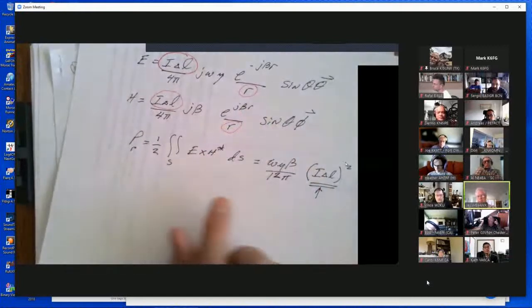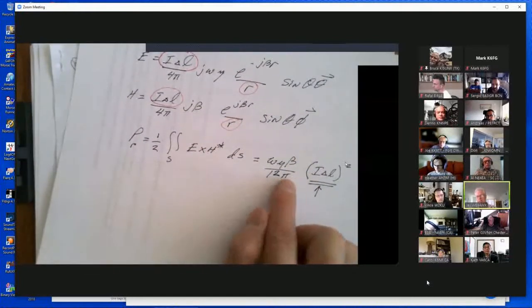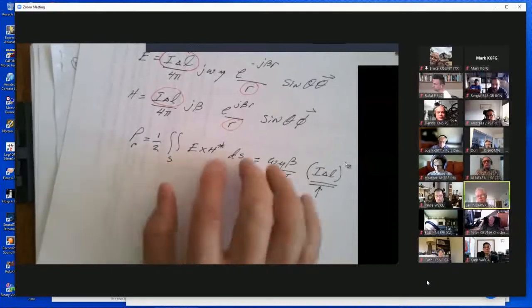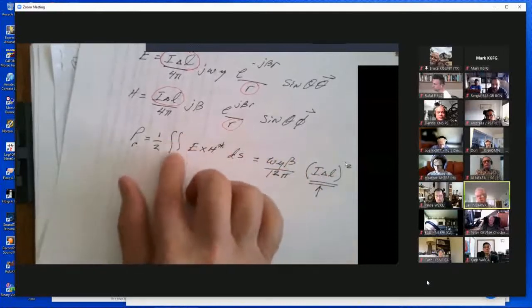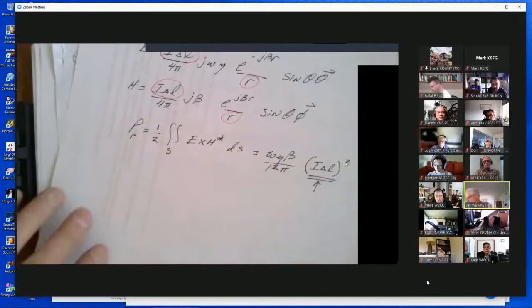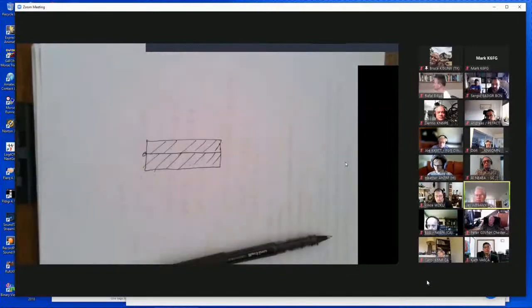The power actually would, if we kept doing this, fall off as the square of that. So your power goes down by the square of your distance. If you're twice as far away, you've got 4 times less power, or a quarter power.